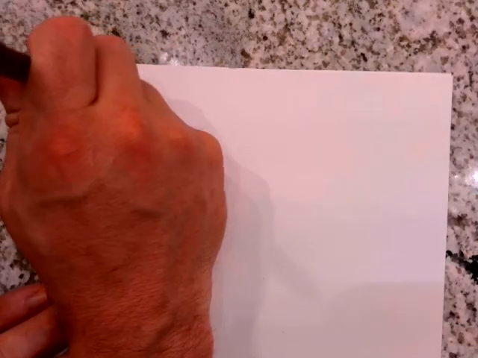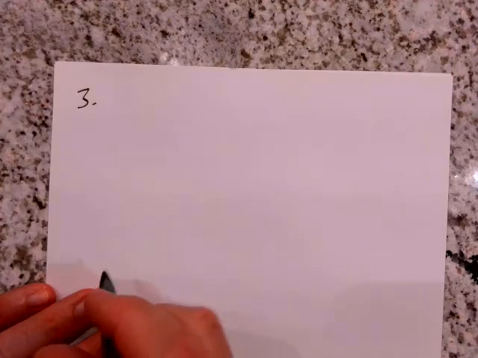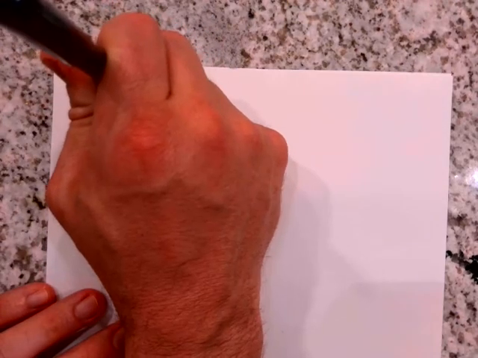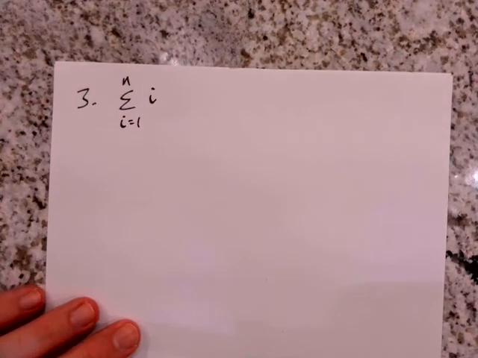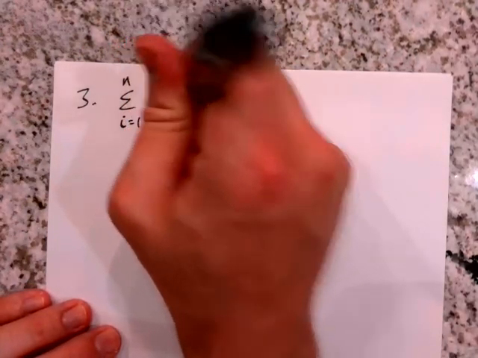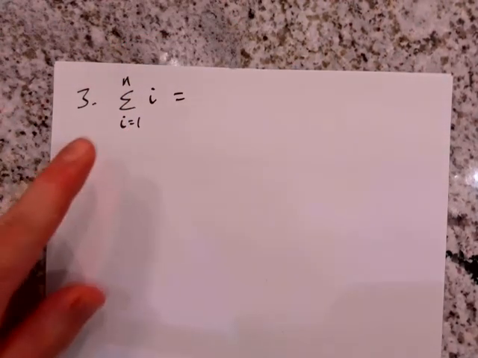The third property, which is now actually a formula, also makes sense. This property says the sum from 1 to n of I is to show what the sum is.